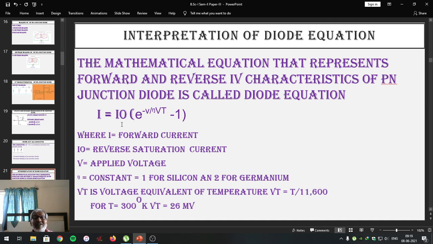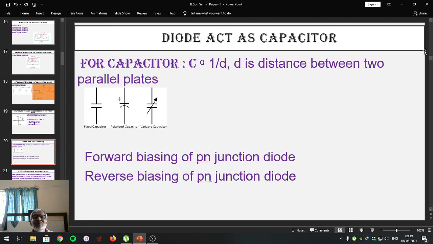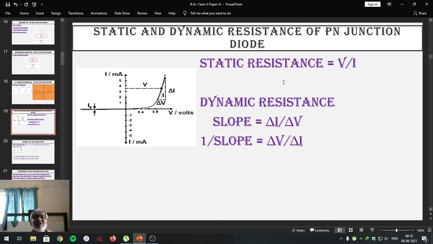As we know the nature is non-linear, that's why it is represented by an exponential. This exponential term comes because of this characteristic, which is represented by exponential nature.